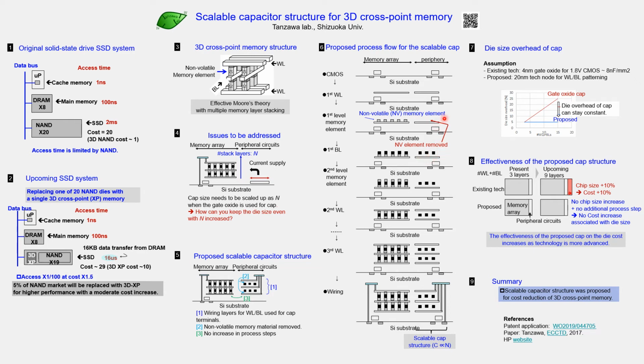Then you will fill the vacant region with insulators such as SiO2. Then you will put the first bit line layers in patterning, and afterwards similar steps continue up to the top word line or bit line layers.